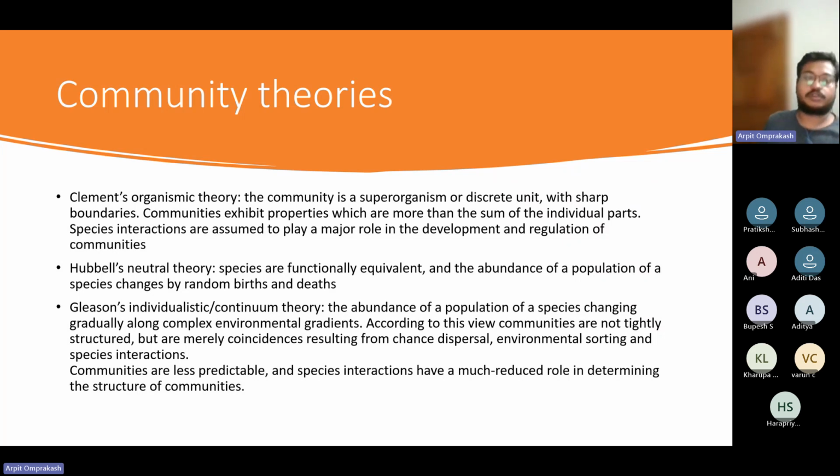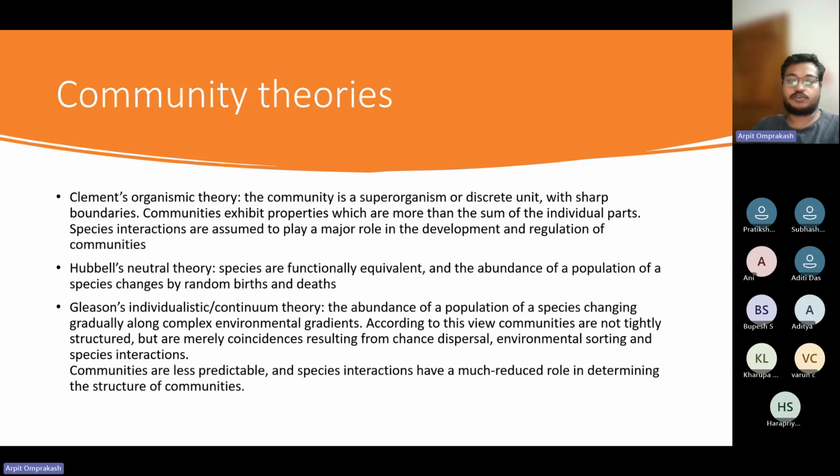Next, we talk about community theories. Community theories are theories that have been put forward by people to understand how communities occur and what communities are. Clements gave the organismic theory, which states that a community is a discrete unit or a superorganism with very sharp boundaries. Communities have some hierarchy and exhibit properties that are more than the sum of their individual parts.